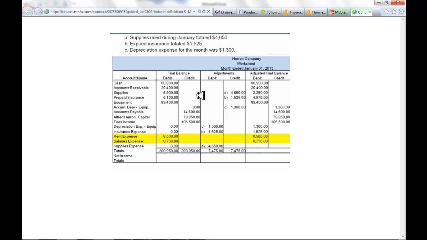Rent expense and salaries expense are unadjusted, and the balance in supplies expense went from 0 to a debit of $4,650. We total the debit and credit columns for the adjusted trial balance: $202,250 in debits and $202,250 in credits.